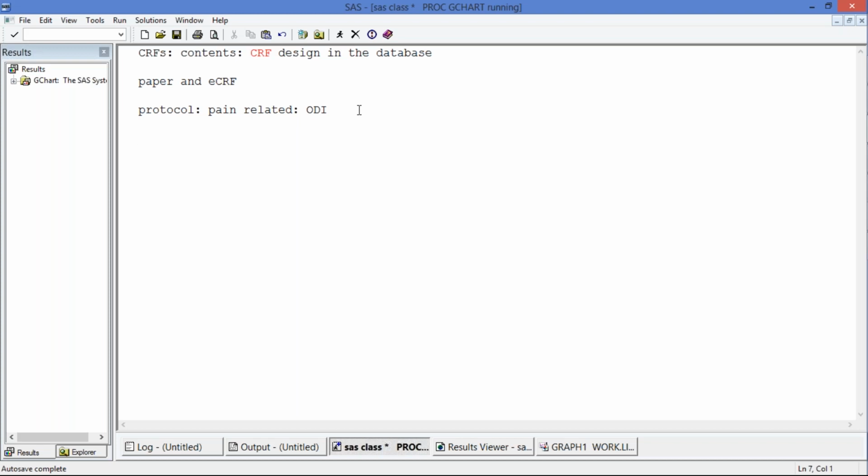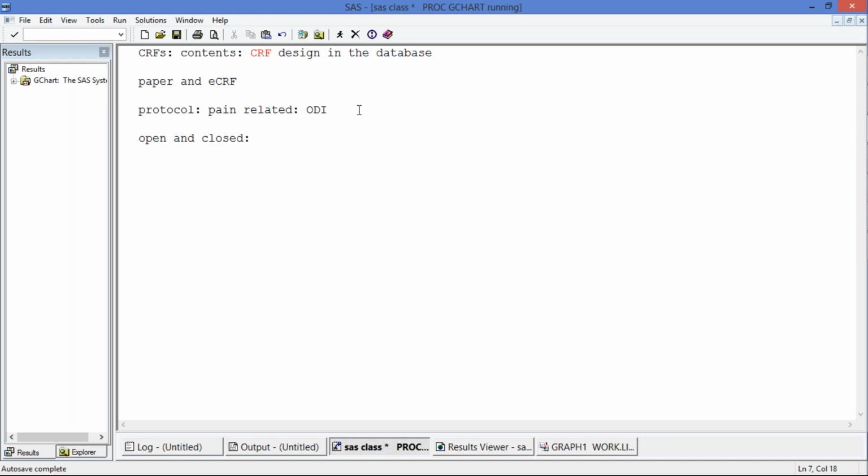Mainly you'll get the input from the protocol. Okay. Let us see the contents of the protocol. But before we go further, let us understand open and closed.